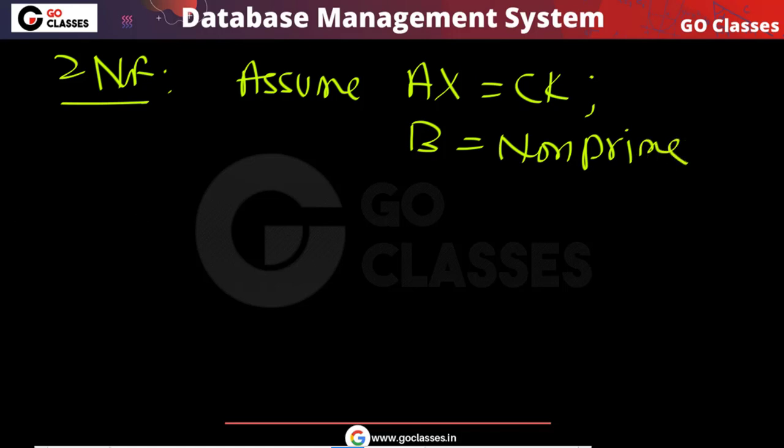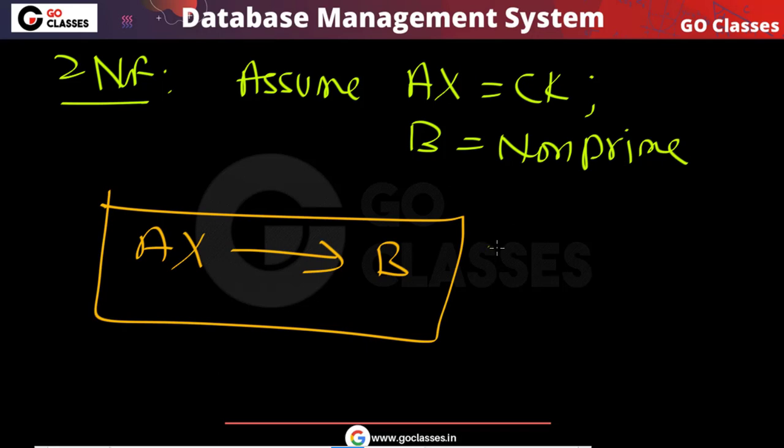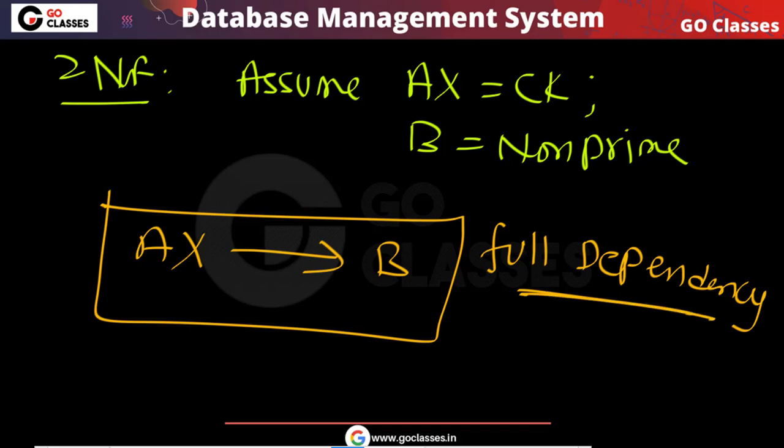Now you can notice 2NF says that the following should not happen. This non-prime attribute must be fully dependent on this candidate key. This must be a full dependency. This is what 2NF is saying.